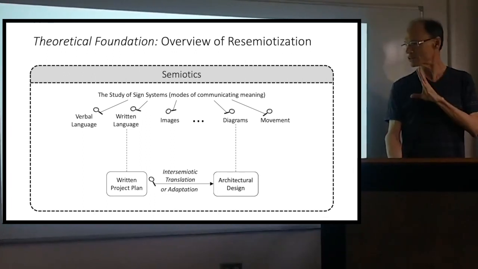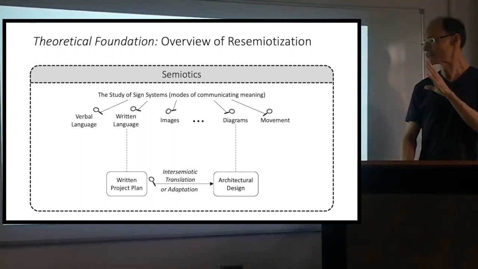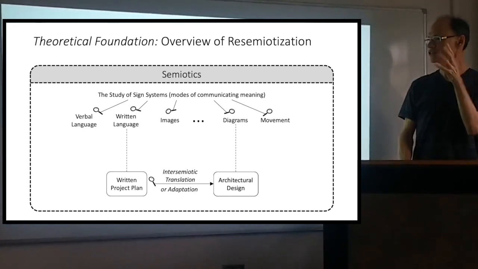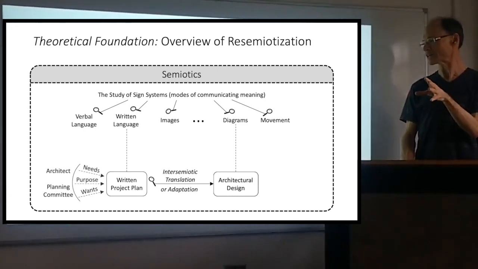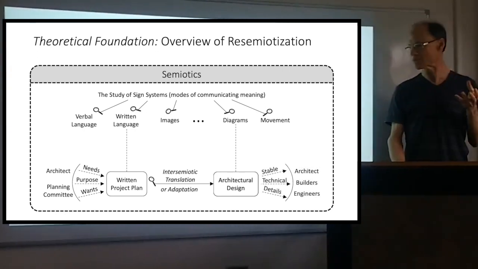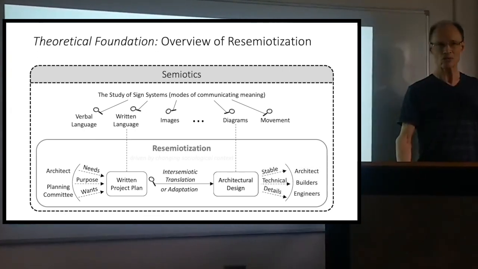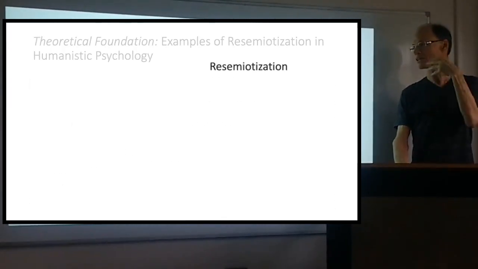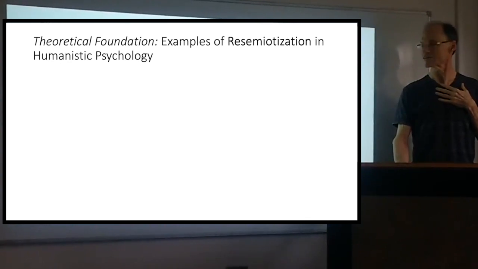But when the translation is driven by a change from one sociological context to another, that process is called resemiotization. So I want to look at a couple of examples of resemiotization in humanistic psychology.